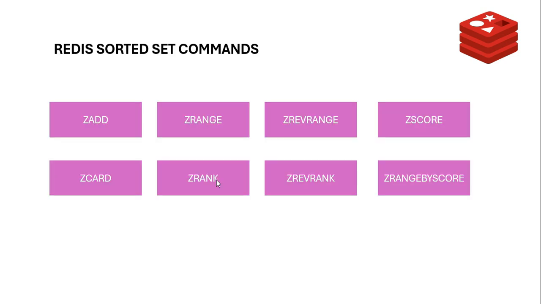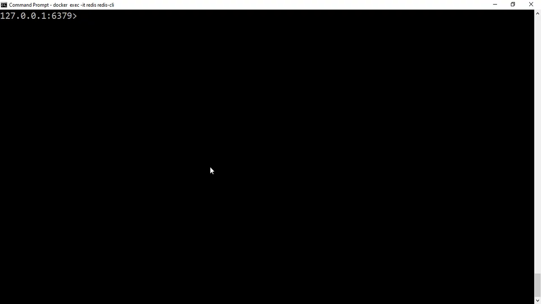These are some of the commonly used Redis sorted set commands, and let us explore them in the Redis CLI. To add to a sorted set, we use ZADD. Let's take a key as games, and add a score of 500 for the member Harish.